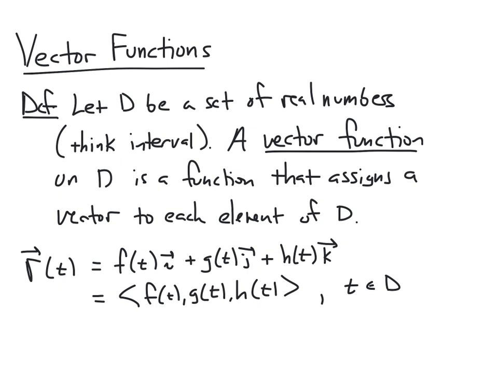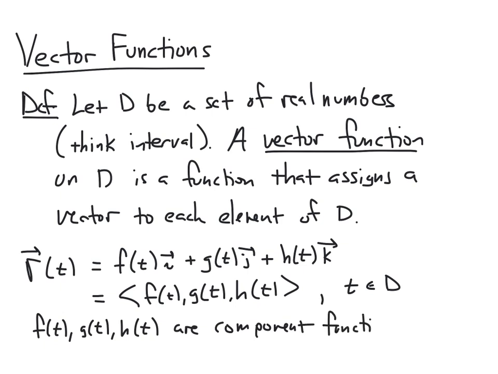These three functions, f, g, and h, notice these are not vectors. These are scalar functions. The output is a scalar. And these are called the component functions of R. Okay.